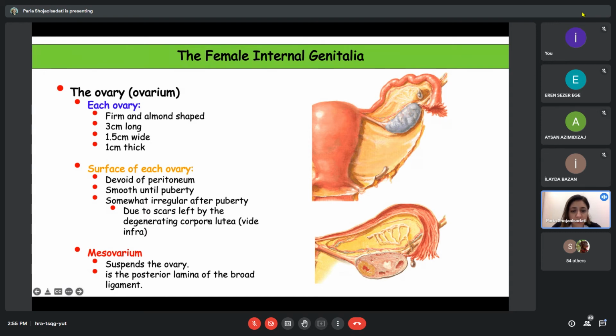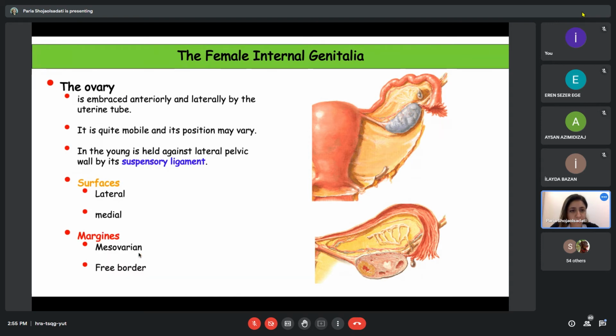As I mentioned before, it is suspended to the broad ligament of the uterus by a special fold of the peritoneum that is named the mesoovarium. The ovary is embraced anteriorly and laterally by the uterine tube.